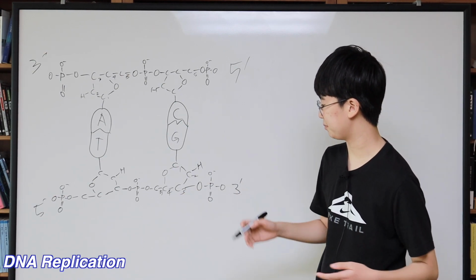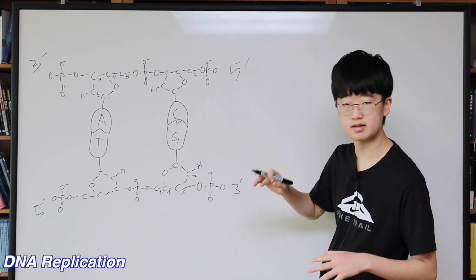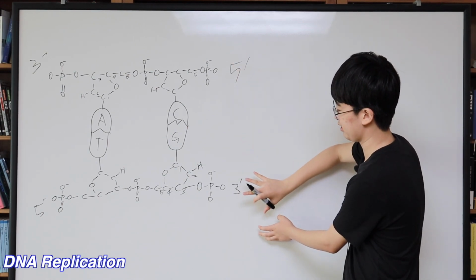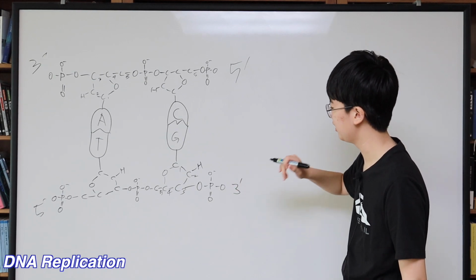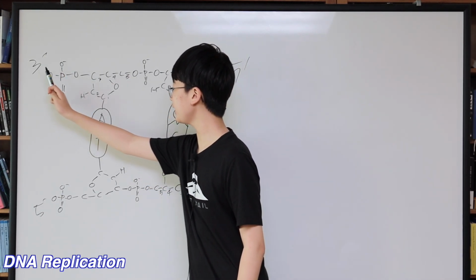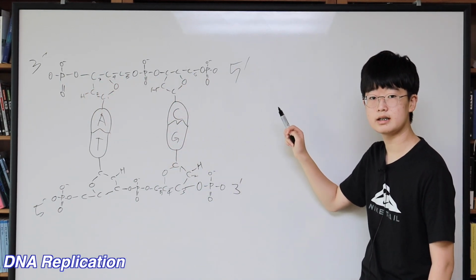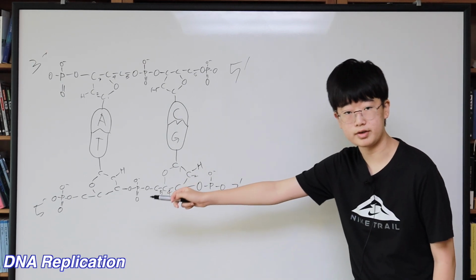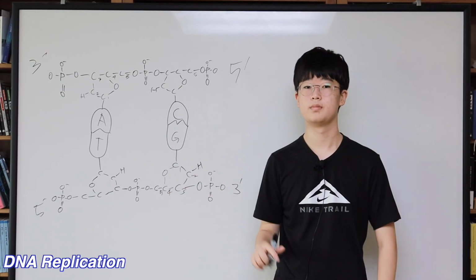But the thing is, it is definitely the opposite, top to bottom. If something is going from 3 end to the 5 end on the bottom part, it is definitely going from the 5 end to the 3 end on the top.